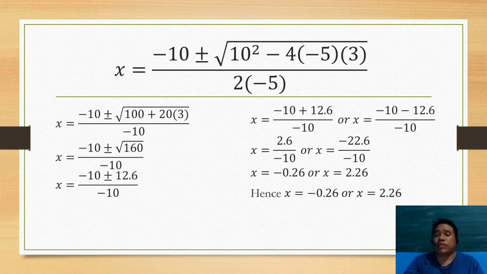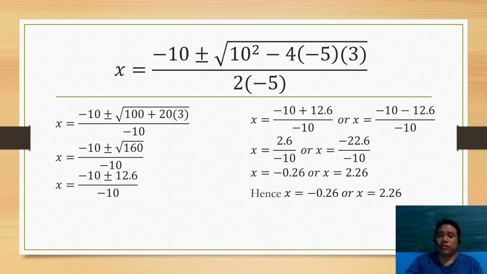So x equals negative 10 plus 12.6 all over negative 10, or x equals negative 10 minus 12.6 over negative 10. So x equals, well, 12.6 minus 10 is 2.6, which will be divided by a negative 10, or x equals negative 22.6, because negative 10 minus 12.6 is negative 22.6, all over negative 10.